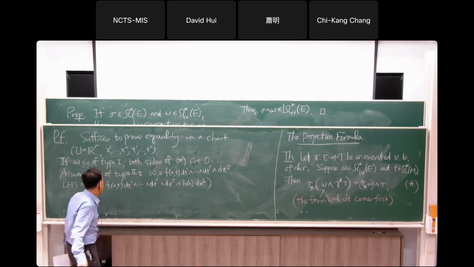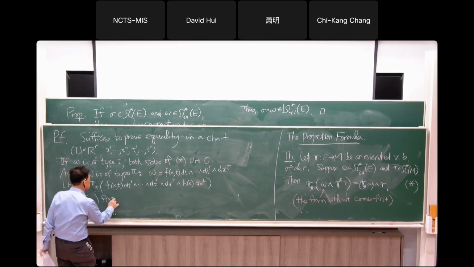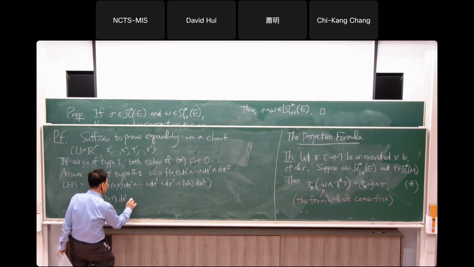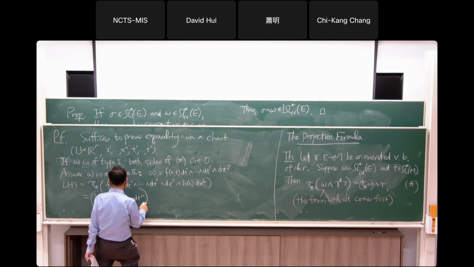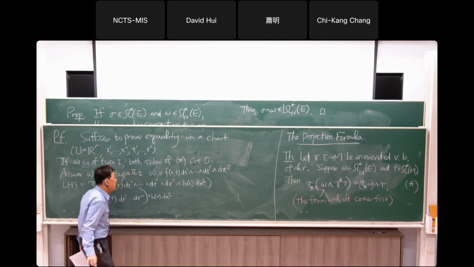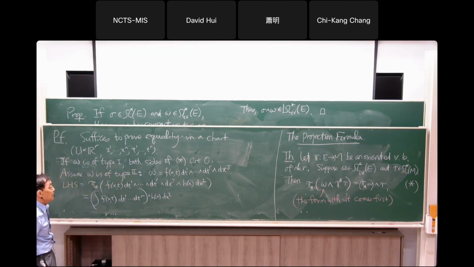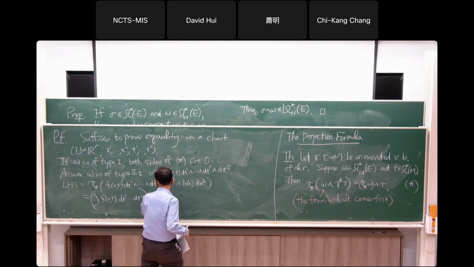And then we simply integrate out the t's, and we are left with h of x dx_I. That's the left-hand side. Oh, I left out the x_J.